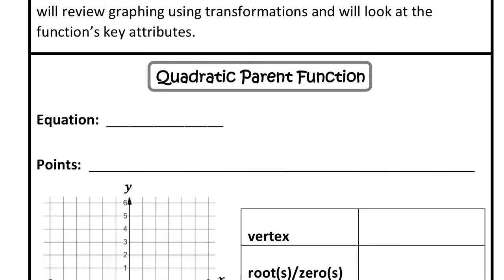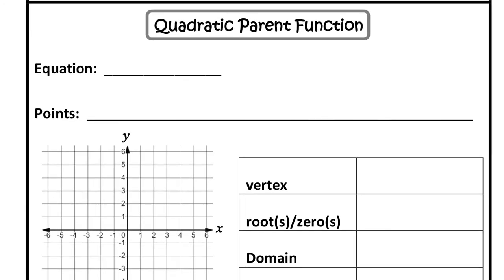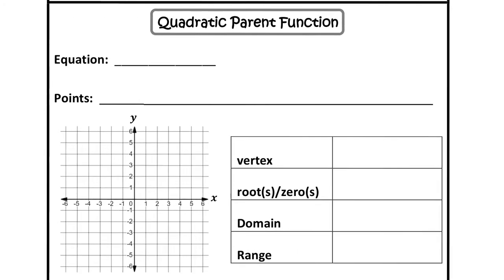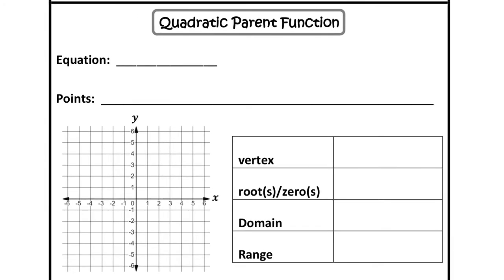So let me scroll down here, zoom out a little bit. Okay, so if I give you the function of a quadratic, it'll be f of x equals x squared.